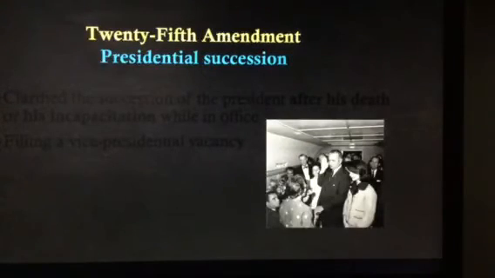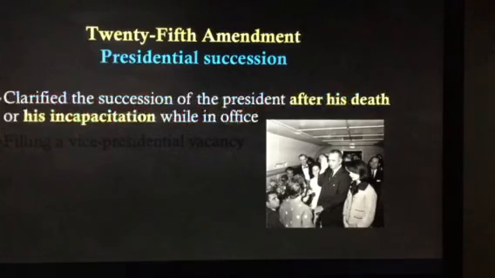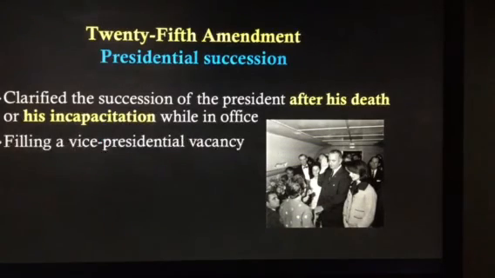25th Amendment, early 1960s as well, dealt with the succession of the president after his death or incapacitation in office. It's a really long amendment that's technical in detail that explains the procedure for how a vice president becomes president after the death or incapacitation of the president.